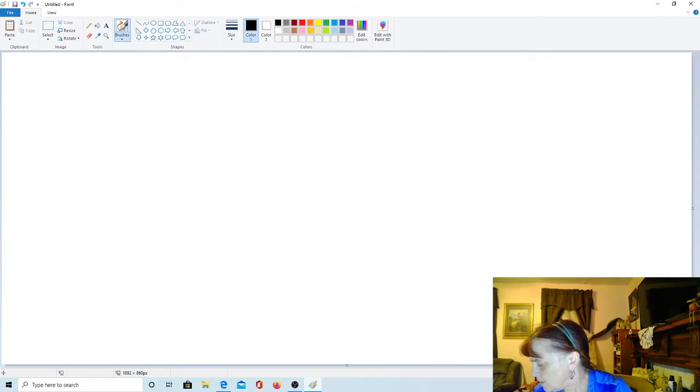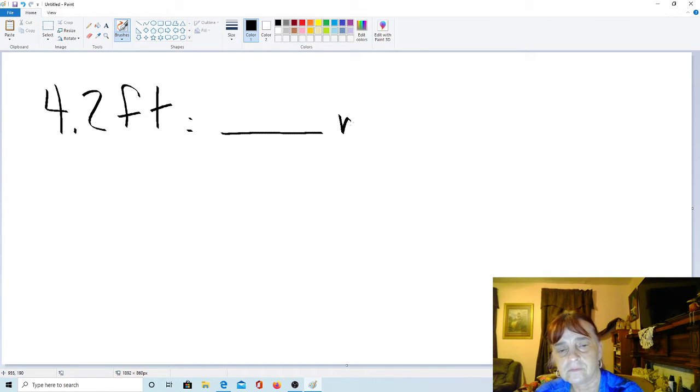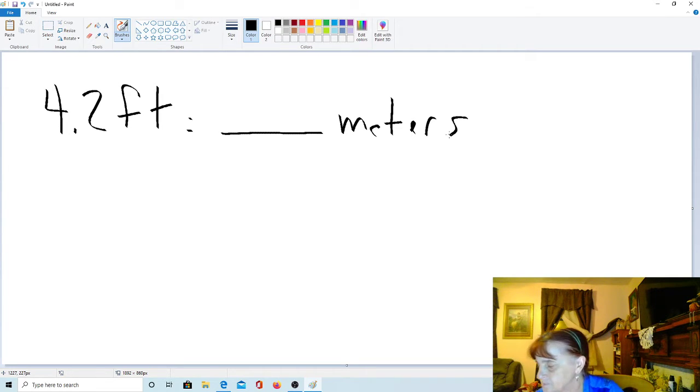And 4.2 feet is how many meters? To go from feet to meters, one foot is 30 centimeters.